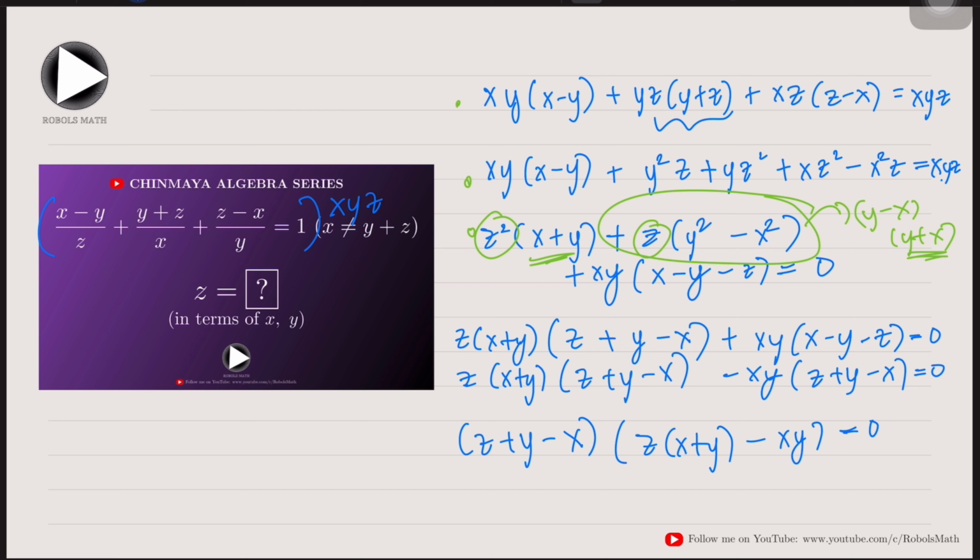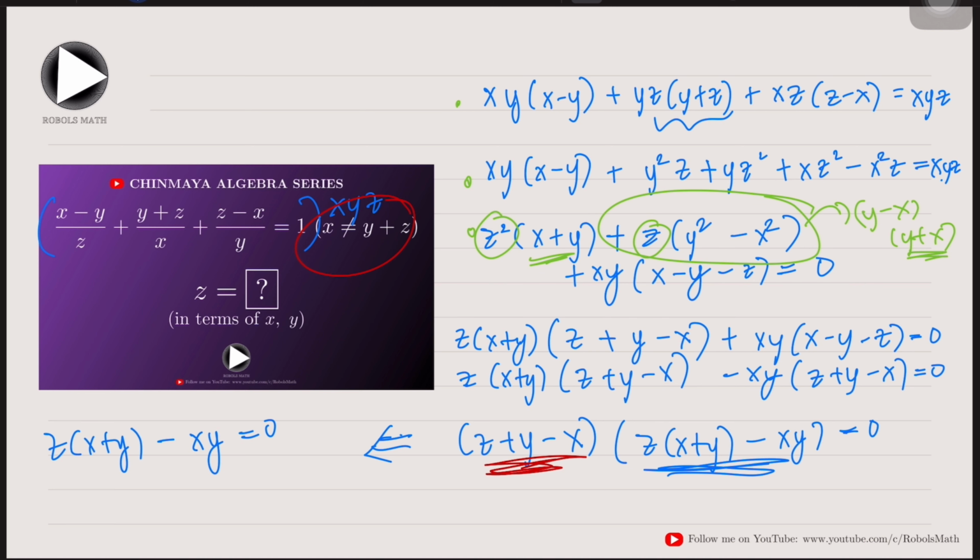We are given that x is not equal to y plus z. Therefore, this term here cannot be 0, which means by the zero property, this expression must be equal to 0. Therefore, we have z times (x plus y) minus xy equals 0.